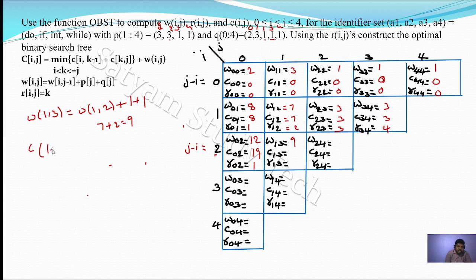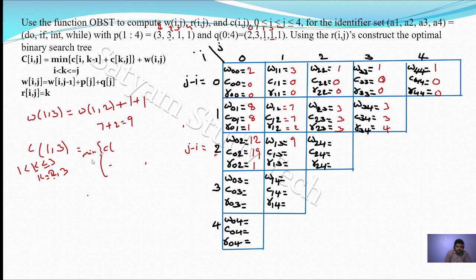So the k values are 2 comma 3. You know how we can take, because here 1 less than k less than or equal to 3. So the k value is 2 and 3. First I consider k value 2. That is the minimum of c of i comma k minus 1.